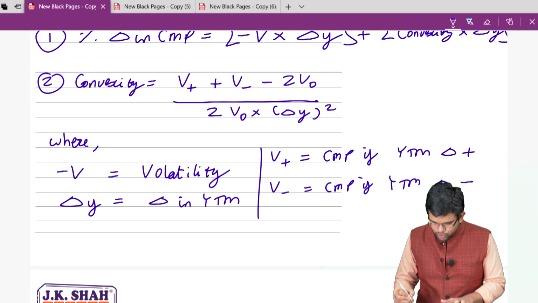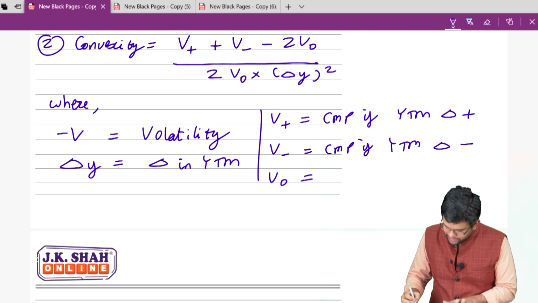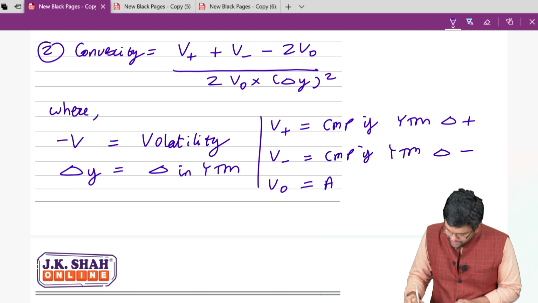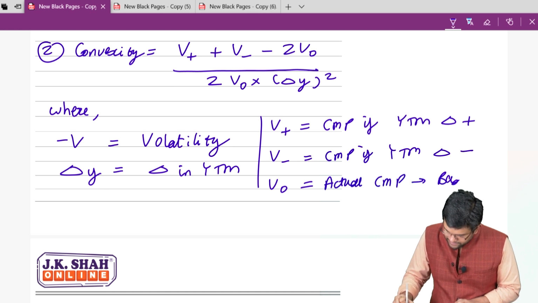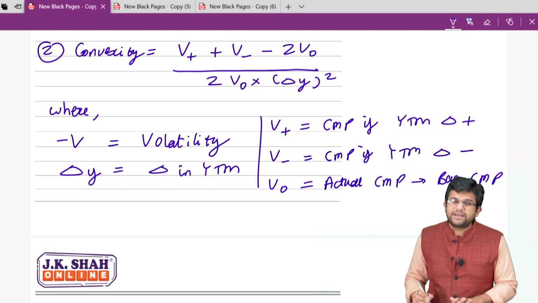Everybody clear? So children, and of course V0 refers to actual current market price. Okay, V0 refers to actual current market price. I'll write down here actual current market price, that is the base current market price. Okay, base current market price. Now all these terms with numbers will get clarity. So let's start how to do it.